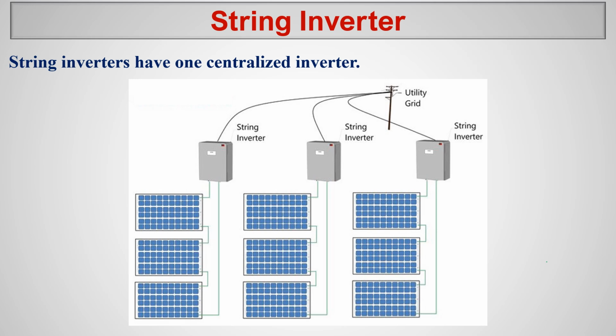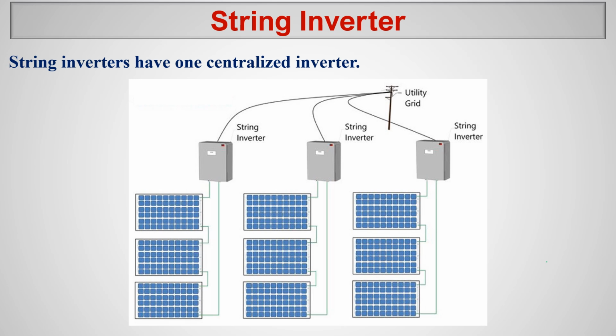String inverters are for, let's say, a 20 kilowatt, 10 kilowatt, 50 kilowatt or 100 kilowatt system, a larger system, where we need a number of strings. Only then can we make 20 kilowatt or 30 kilowatt. For those kinds of systems, we might have three strings.